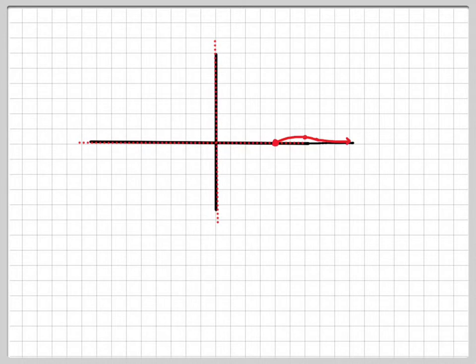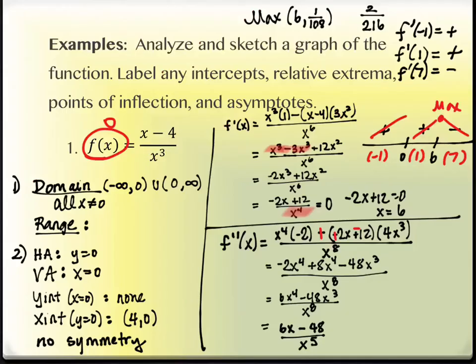I also know that this graph has to cut through here because it's an intercept. And it's got to keep coming over here close to this, right? So I have basically the right-hand side of the graph looking something like this. So let's check to make sure that what we had said is happening is happening. I haven't written it down yet, but I've drawn it out. It's increasing and then it's increasing again. So the parts that I'm looking at right now actually are these parts surrounding 6. It is increasing and then it is decreasing.